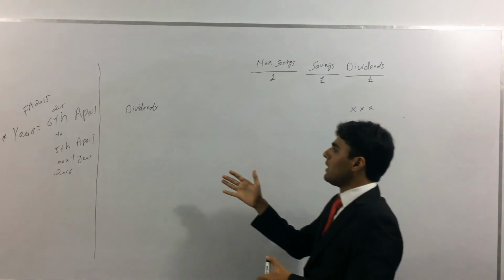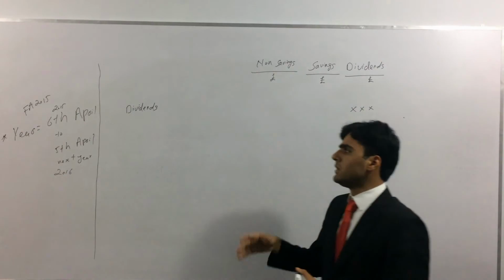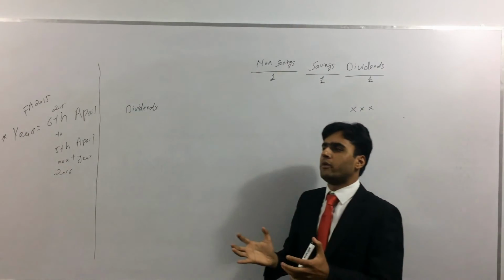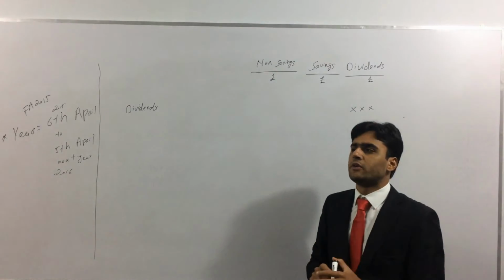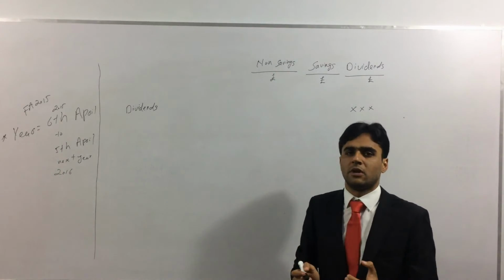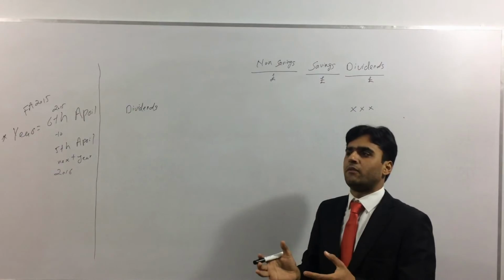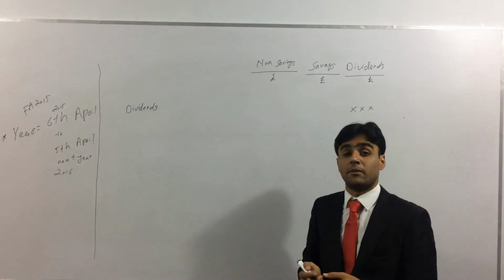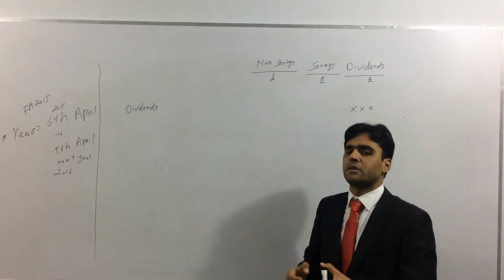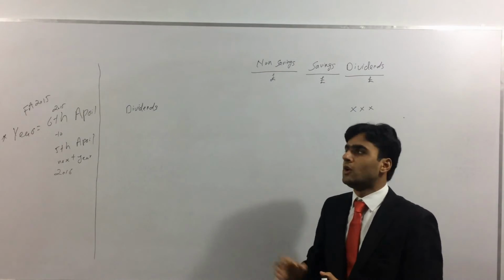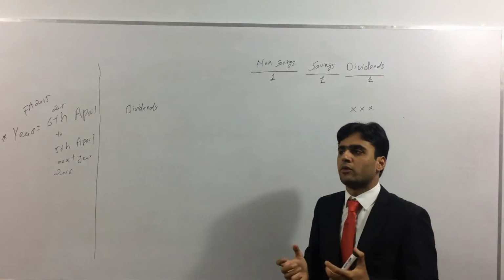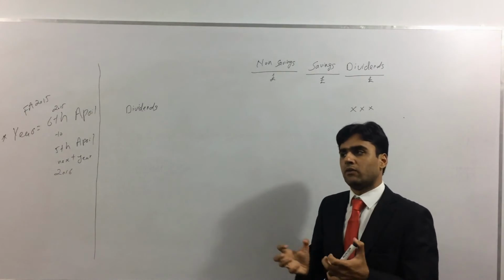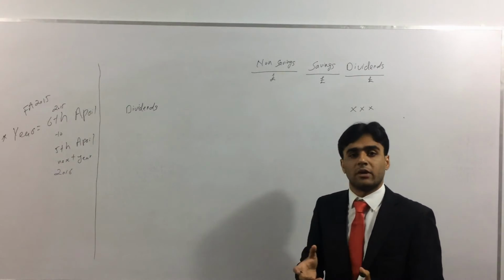Now before I move forward, let me also tell you that dividends are received net. What does net mean? It means that tax has already been deducted from the dividends, which is 10%. So tax deducted at source is 10% from the dividends. When we receive something net, we have to gross it up, right?